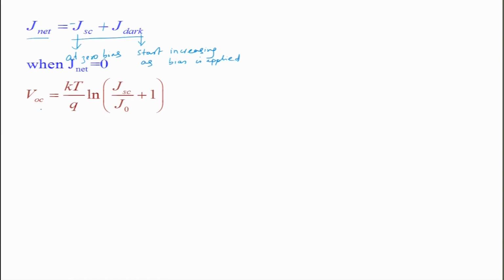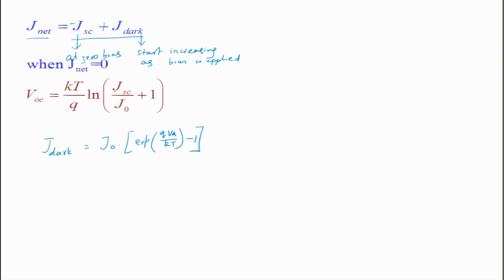When J net is equal to 0, I can write VOC. The expression for J dark was J naught into exponential of QVA by KT minus 1. J net is equal to JSC minus J dark, and I am taking the mod of both and taking JSC as a positive current.